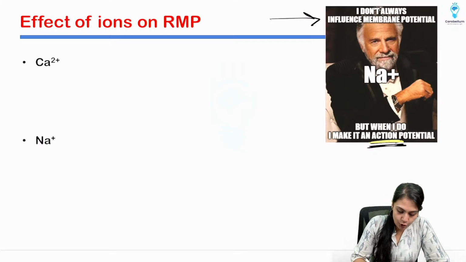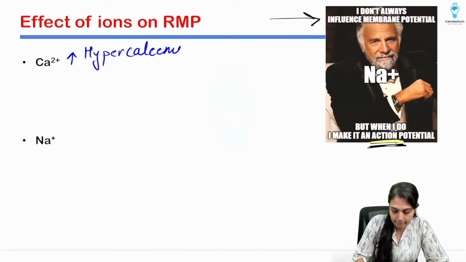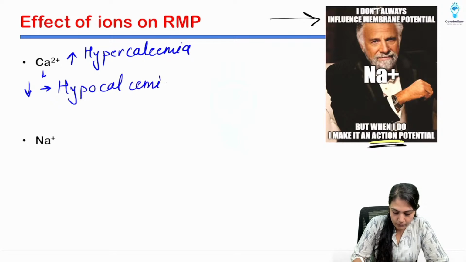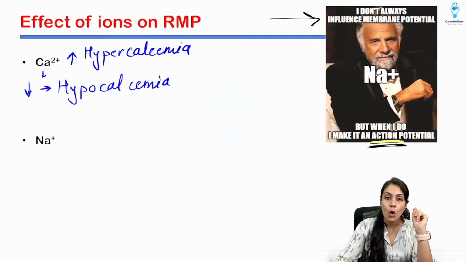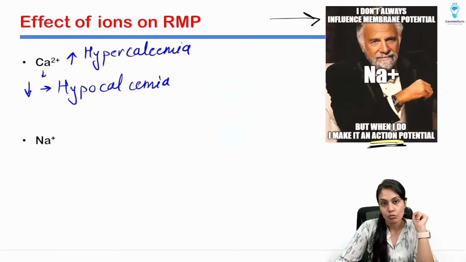If the calcium is more, it will be called hypercalcemia. If the calcium levels are low, it will be called hypocalcemia. So calcium will block the non-selective cation channels, or it can block the sodium channels also.